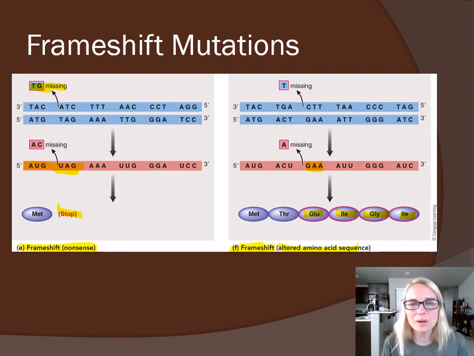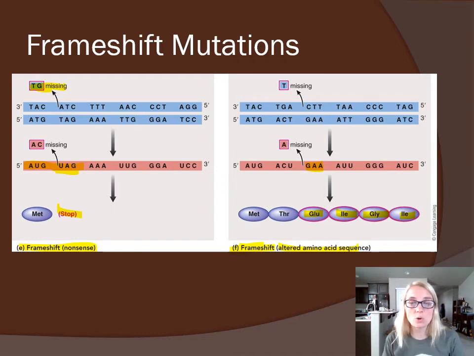With silent, you're not going to have a problem. With missense, you may or may not have a severe outcome. Even with nonsense, if the stop codon is just 1 amino acid early, you still might get a functional protein. But frameshift, usually not, because either you're going to get a stop somewhere in the middle, or you're going to get a complete different reading frame after that mutation.